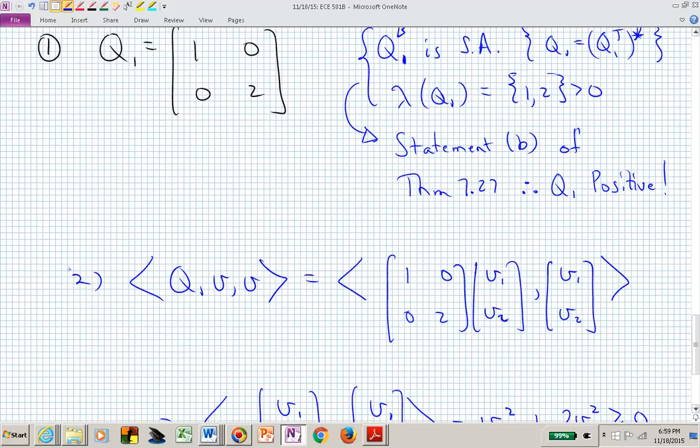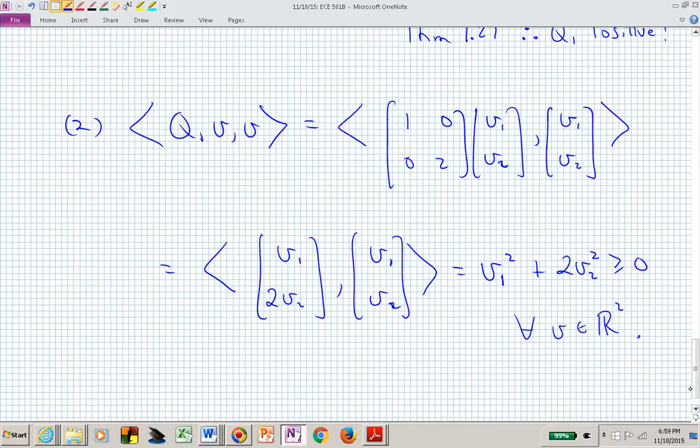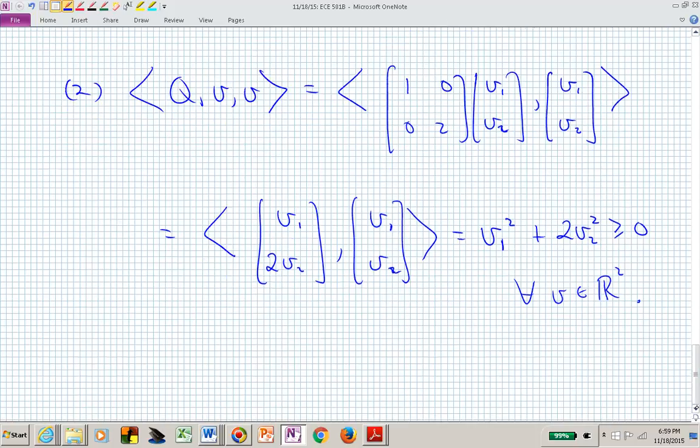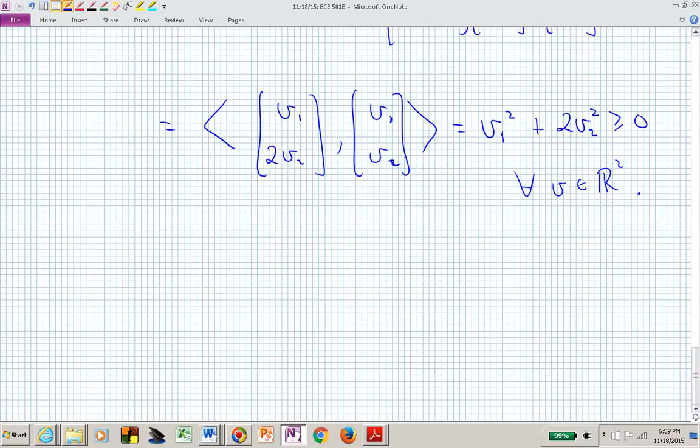And the second piece was this inner product is non-negative. Then we can conclude from the definition that Q1 is in fact positive. And this piece right here is the interesting piece. This one is telling us that the inner product with that particular matrix Q1 is non-negative.